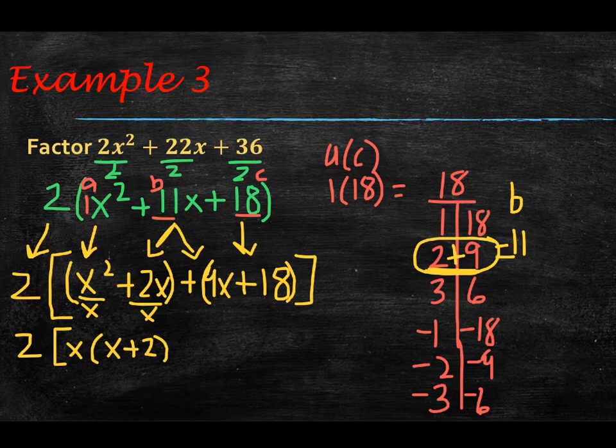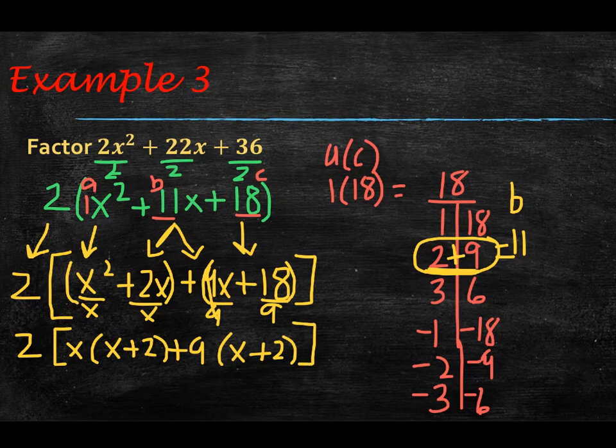Okay? In your next set of parentheses, 9x and 18, you can divide both of those by 9. So your GCF is a 9, so put plus 9. Divide it, so you're left with x, and then 18 divided by 9 is plus 2. And close it off with that bracket.